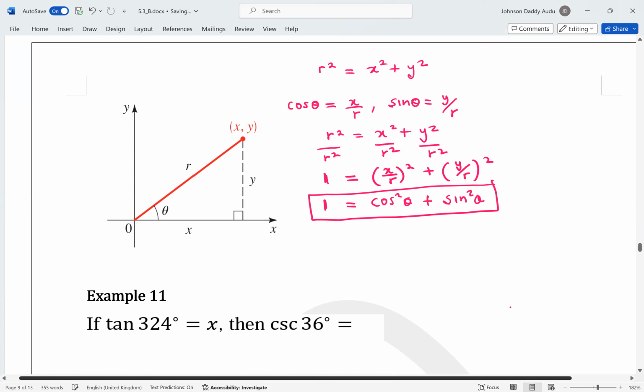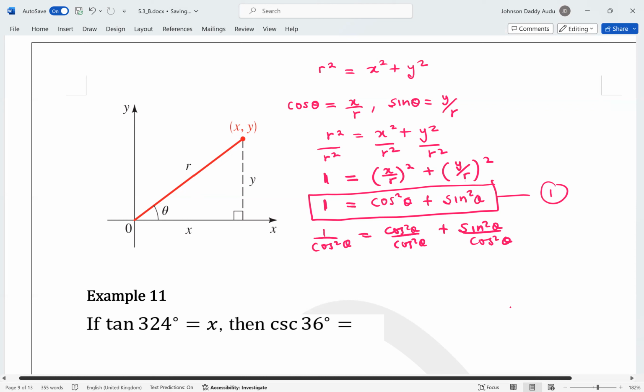So for example, if we call this equation 1, let's divide both sides by cos squared theta. So I will have 1 over cos squared theta is cos squared theta over cos squared theta plus sine squared theta over cos squared theta. But what is 1 over cos squared theta?